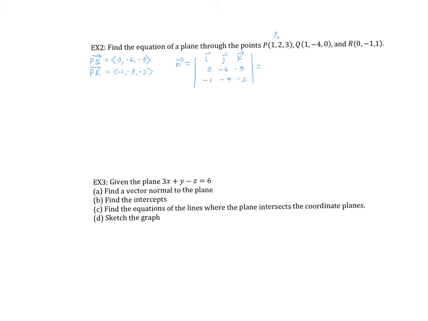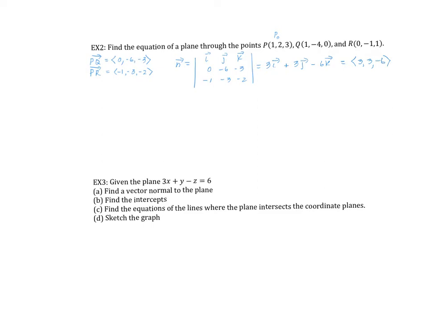So that gives me a 3i. And the next one should be a positive 3. It's going to end up being a plus 3j. And then a minus 6k after we compute the cross product. Or in vector notation, that would be 3, 3, negative 6.